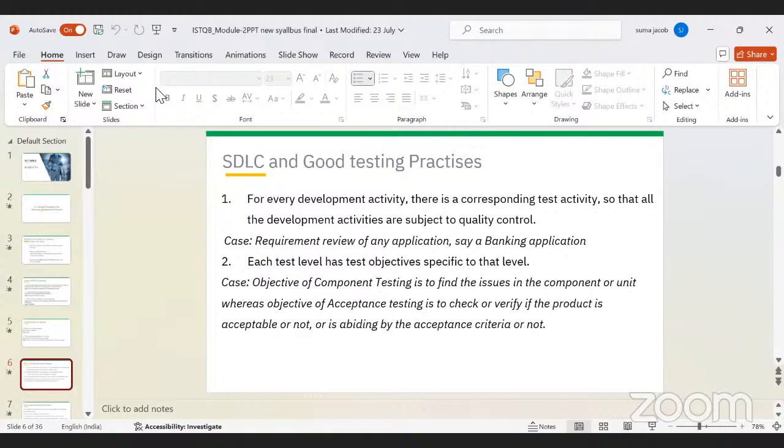You can answer here on the chat also. It is not possible, right? Because the executable code is usually created in the later phase, and only once that phase is complete, we'll start the next phase. So dynamic testing is not possible early in the sequential development model.